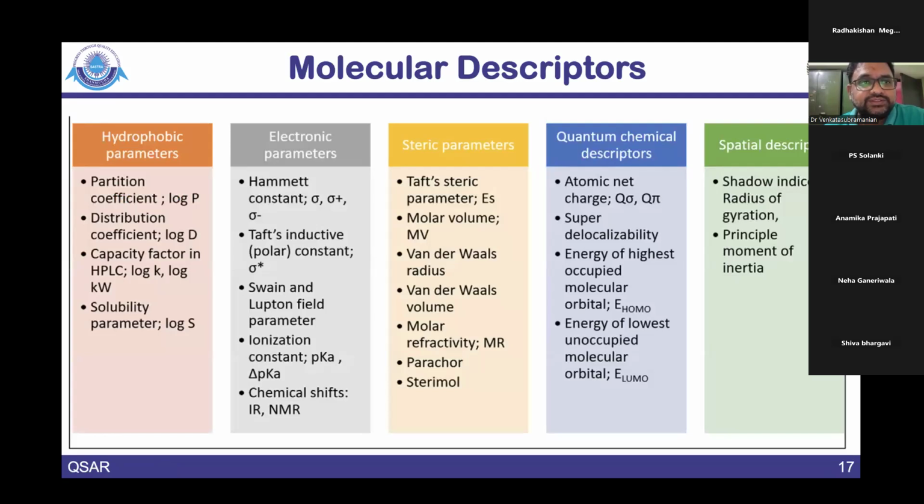And these are the different types of molecular descriptors that again we will see later on. Some of these are hydrophobic parameters, partition coefficient, log P, distribution coefficient, capacity factor, and solubility parameter, Hammett constants, Taft's inductive constant, Swain-Lupton field parameters. There are lots and lots of parameters that have been used as descriptors. Okay, so as I said, so many descriptors have been developed, and we can use any one of them.